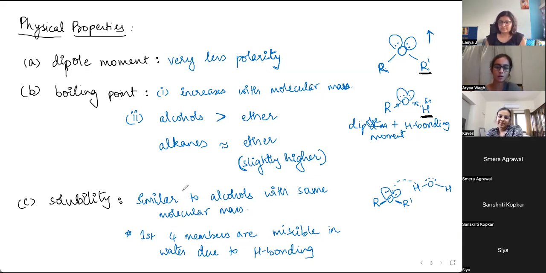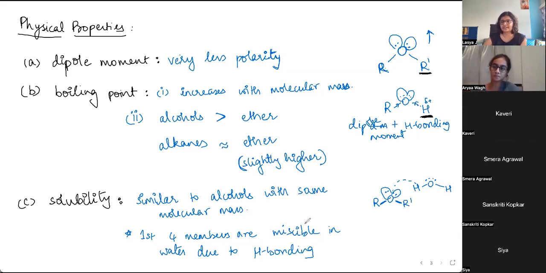Why only 4? Because they're the smallest. As the chain increases, the extent to which they dissolve decreases.